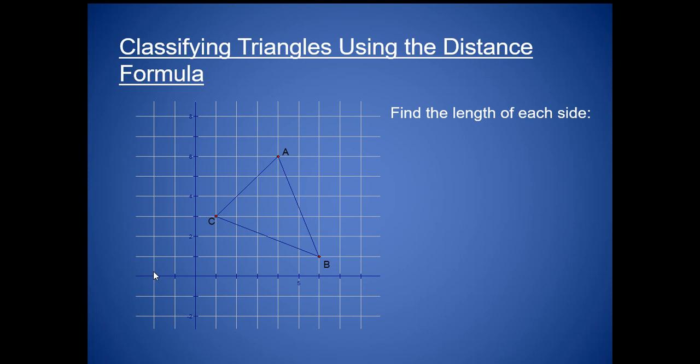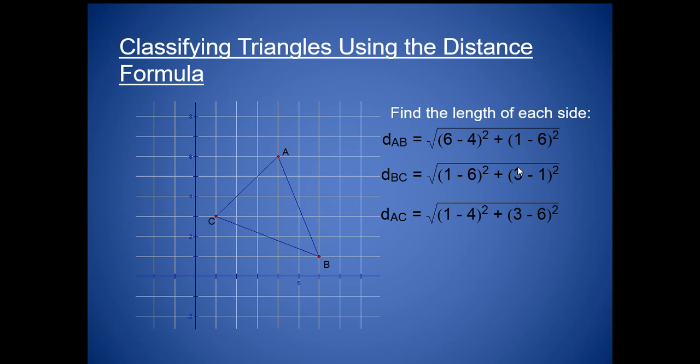So let's see here. I'm going to find the length of each side. Distance between A and B: we have the coordinates already. B is (6, 1), A is (4, 6), and C is (1, 3). Using the formula, you can take your time to do it when you're watching the video. I will also find the distance between BC and between AC.